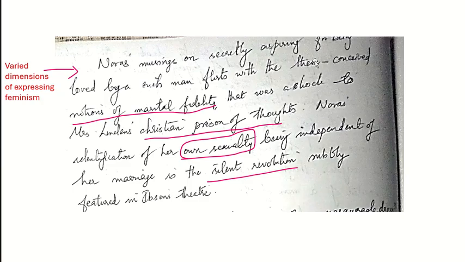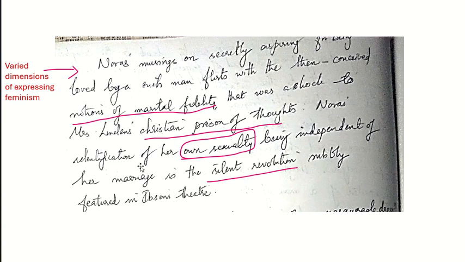Nora, musing on secretly aspiring to be loved by a rich man, flirts with the then conceived notions of marital fidelity, which was a shock to Mrs. Linde, a prison of Christian thoughts. It is a very important dimension of expressing feminism, where the moral fidelity or the sexuality of a female is expressed.